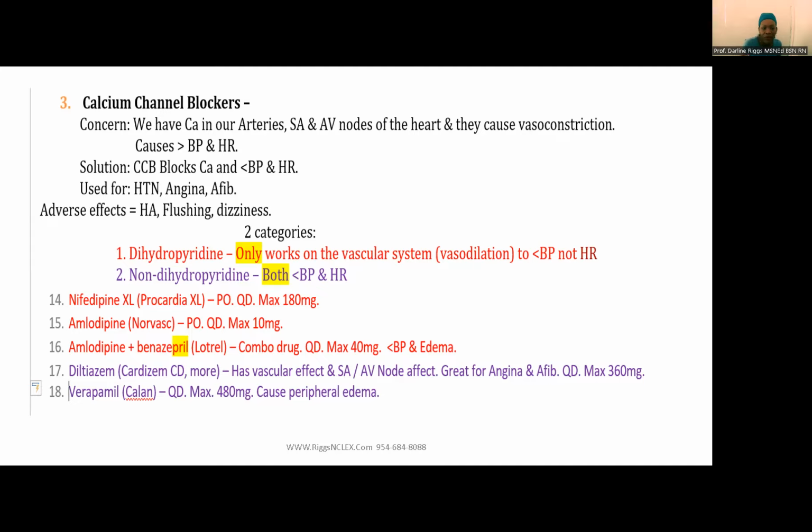Could be a combo with amlodipine and an ACE inhibitor. That's a combo drug, Lotrel. But you're not going to see diltiazem because then their heart rate's going to go down too low. That's a problem. But if they have both, where they're hypertensive with an elevated heart rate, then yeah, verapamil, great. Diltiazem, great.